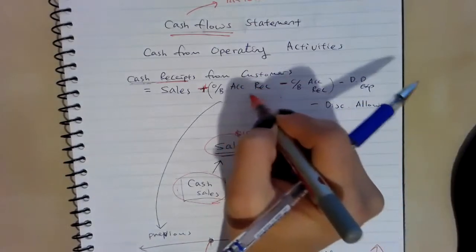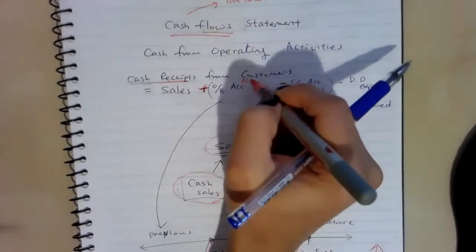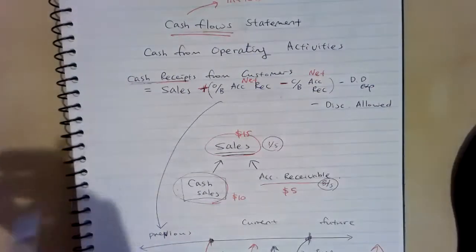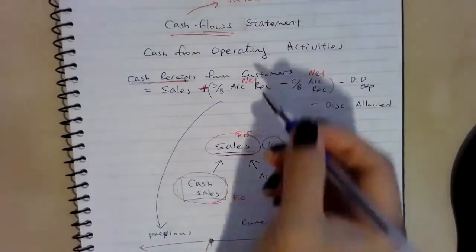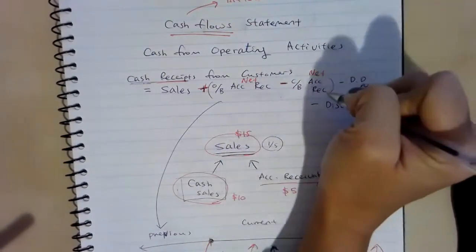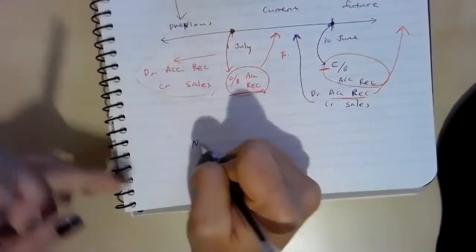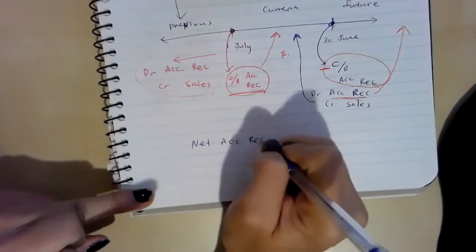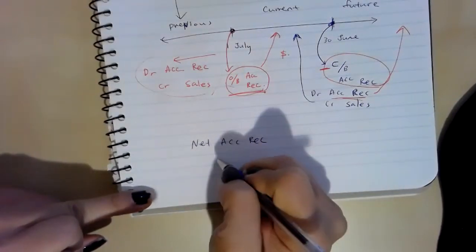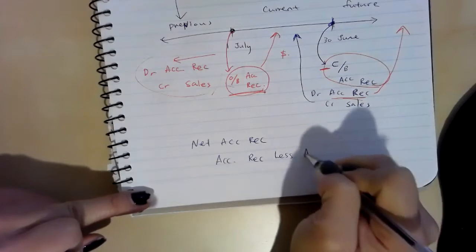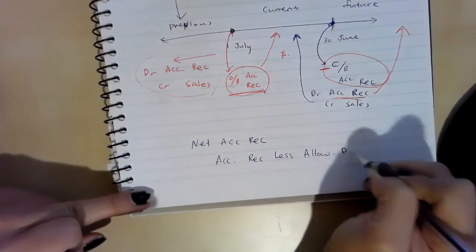When I said accounts receivable here, it's the net amount, but sometimes there is no difference because that means they don't have an allowance for doubtful debts. If they did, net accounts receivable means accounts receivable less allowance for doubtful debts.